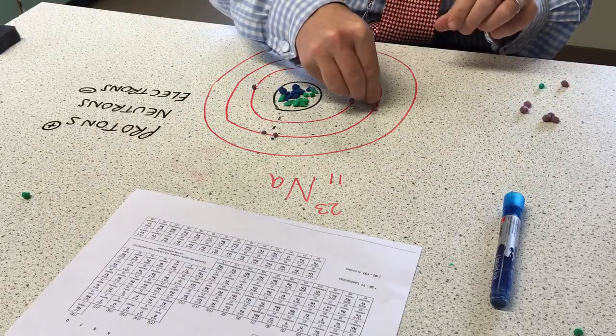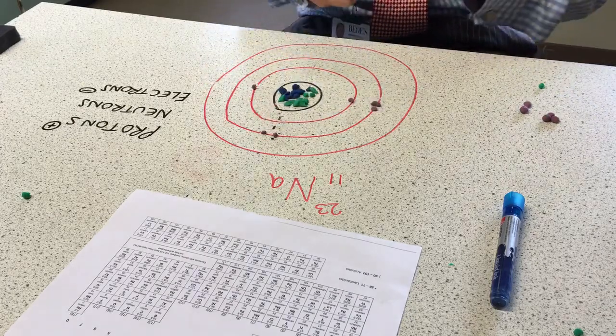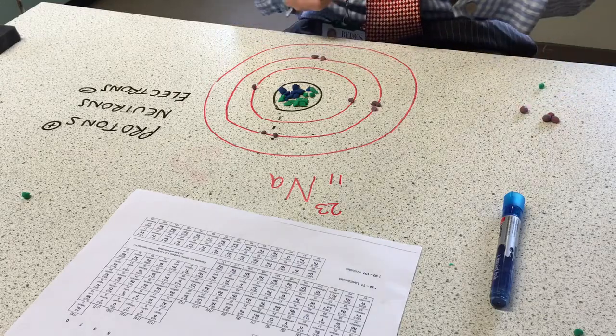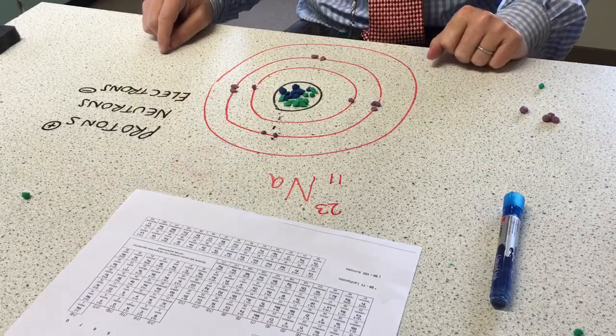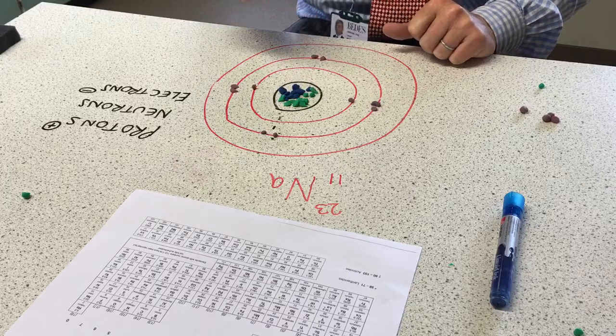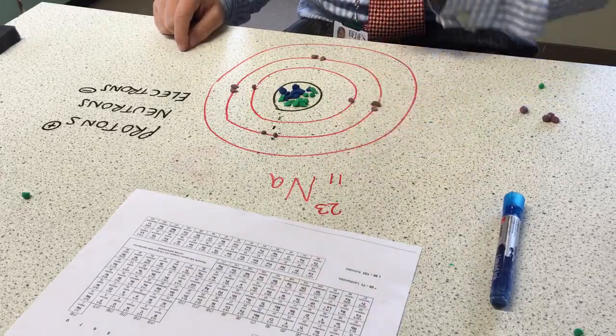And they actually sit together in pairs when you've got 8. So we have 1, 1, 2, 1, 2, 1, 2, and 1, 2. So let's just count how many electrons we've got so far. 1, 2, 3, 4, 5, 6, 7, 8, 9, 10. We need 11 because it's the same number as protons.